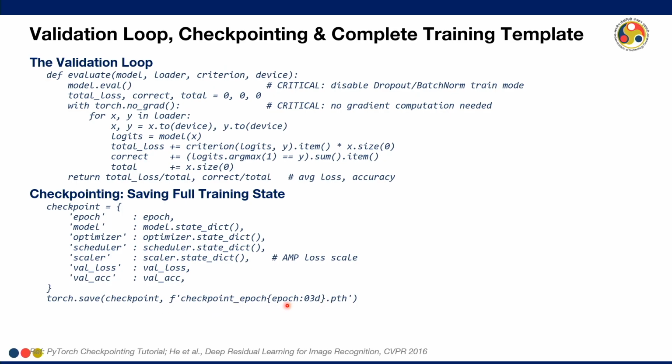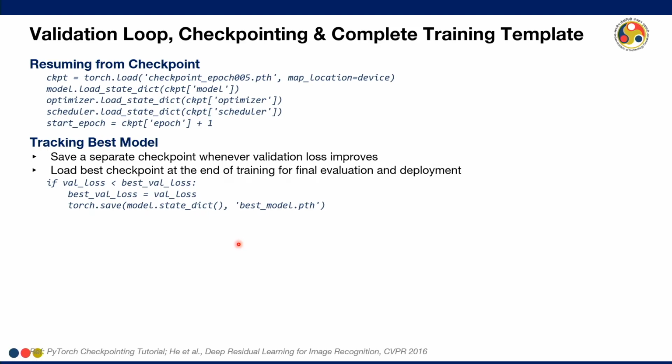It will save your model at this stage with all the values of validation loss, validation accuracy, the scaler, and the scheduler, the state of the learning rate, and so on and so forth.